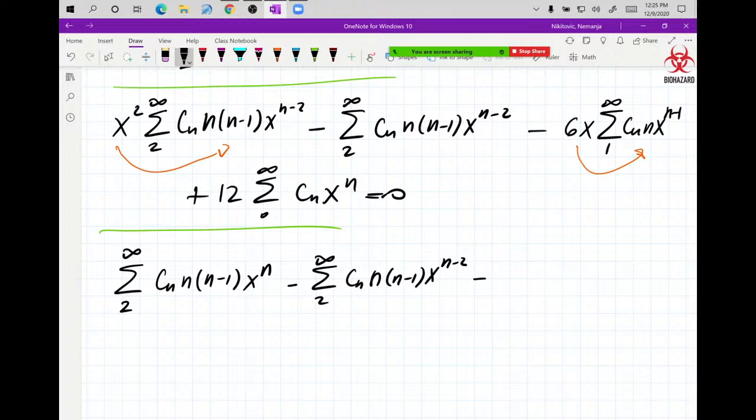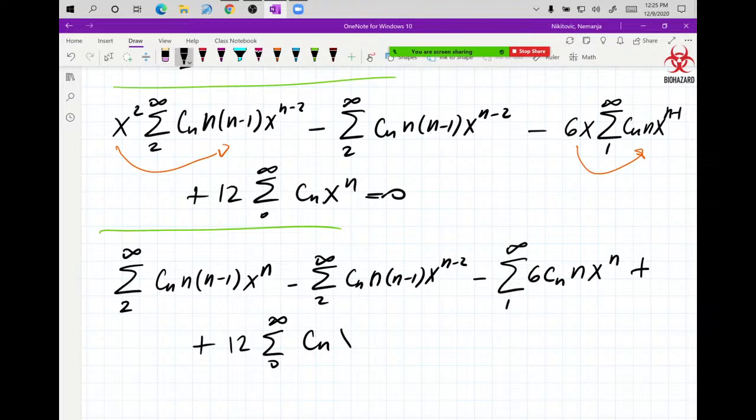And then minus, you can pull the 6 in as well, obviously. It's just going to be summation 6 Cn n x to the n. Again, right? So we don't have any issues there. And we still have our plus 12 summation 0 to infinity Cn x to the n equal to 0.